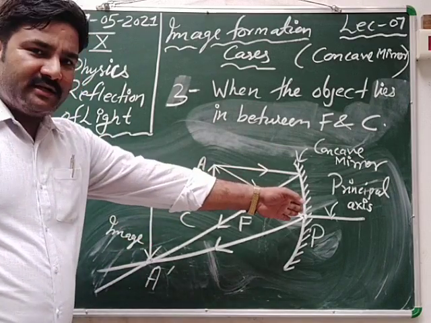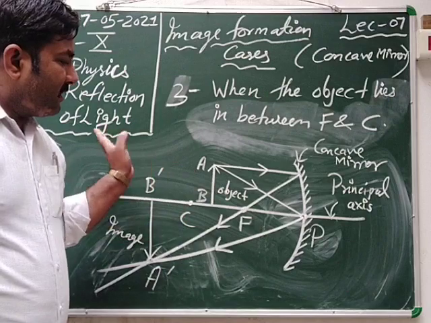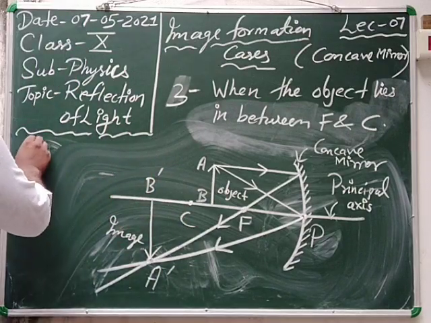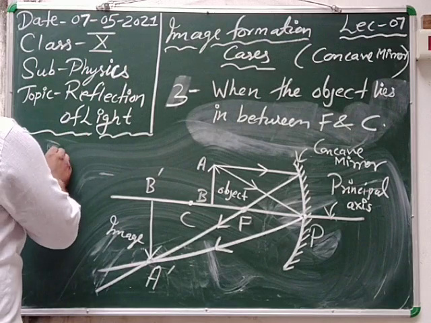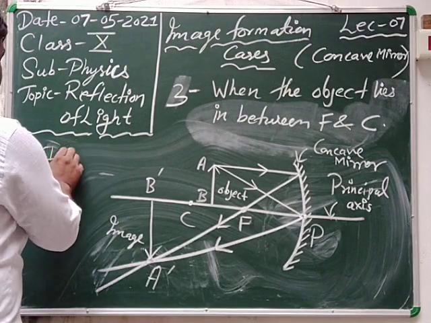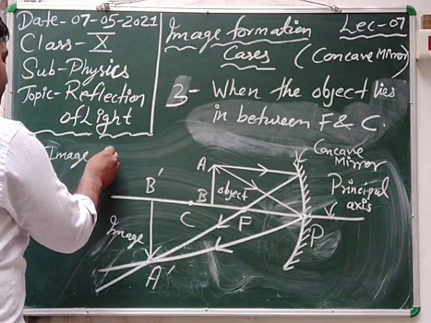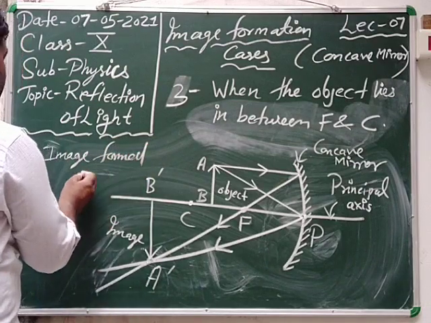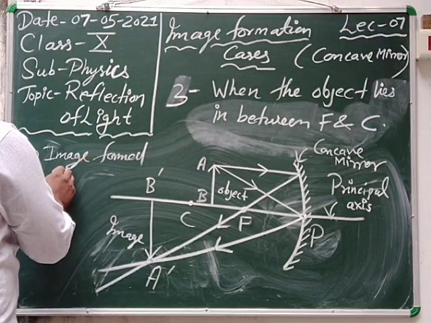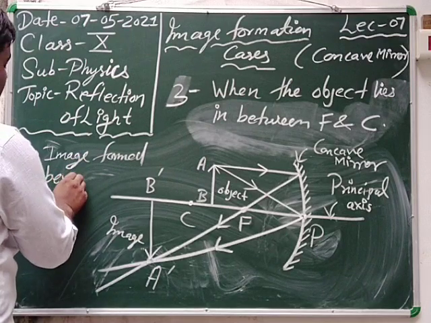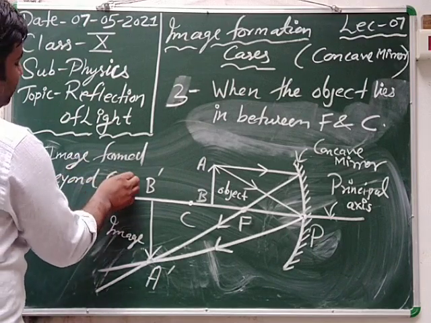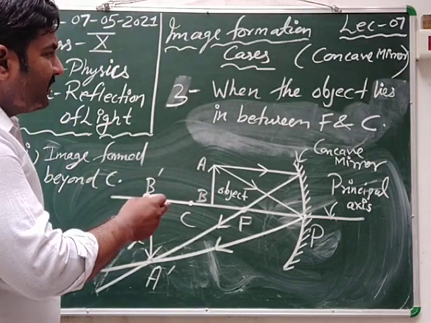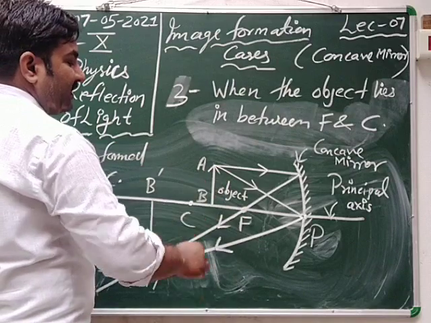This is the mirror side and this is the object side. Along object side away from C. So first point, image found beyond the C. Clear? When the object lies at a position in between F and C.